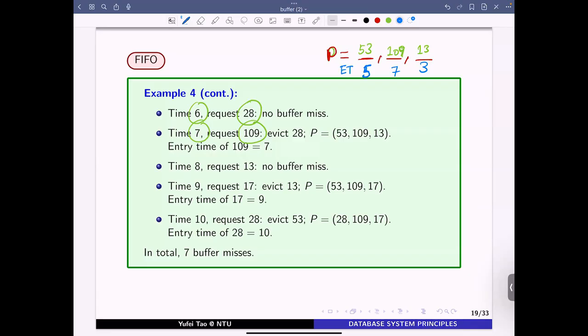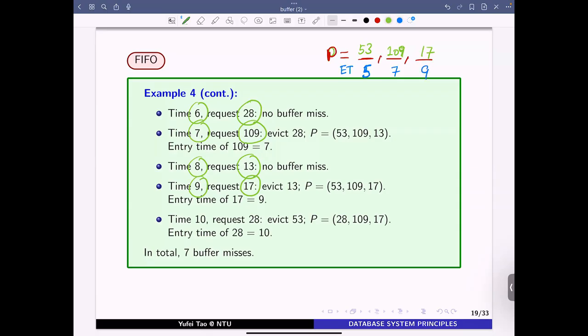Now time 8, the request is for 13. That's a hit. Time 9, the request is for 17, so that's a miss. We have to discard 13. We put 17 here, and the entry time is 9.